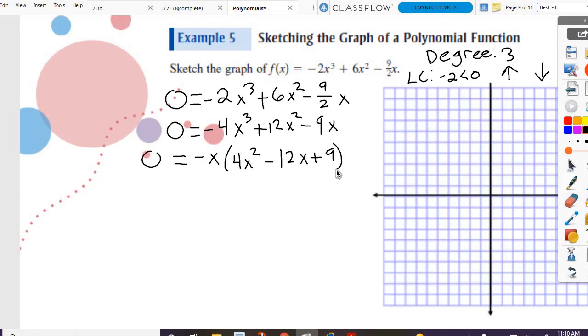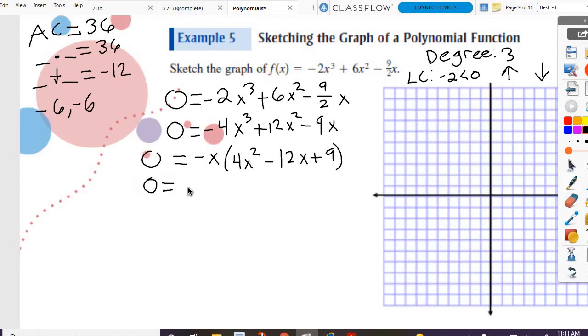So what do we have in our parentheses? A quadratic. So we need to look at our AC, which would be 36. We're looking for what two numbers multiply to give us 36 that add to give us negative 12. So negative 6 and negative 6. Then I'm going to use a bracket since we're going to be factoring here.